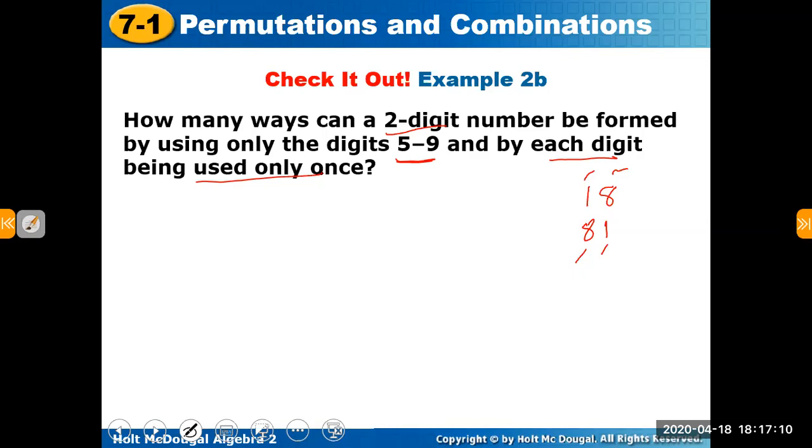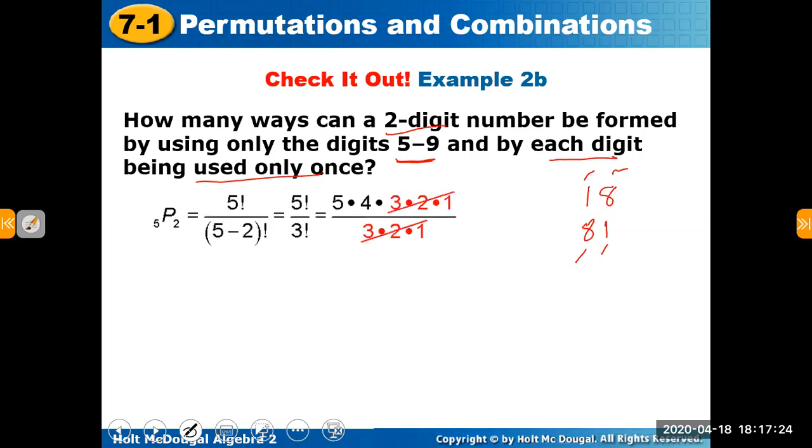So it's again a permutation question, since order is important, and we are choosing 2 digits out of 5 digits. So it will be 5P2, and they said that repetition is not allowed.